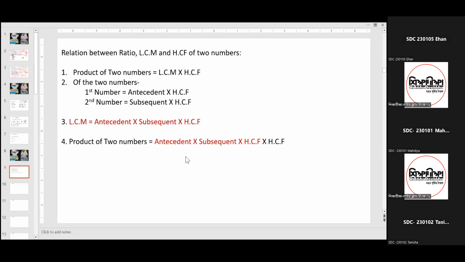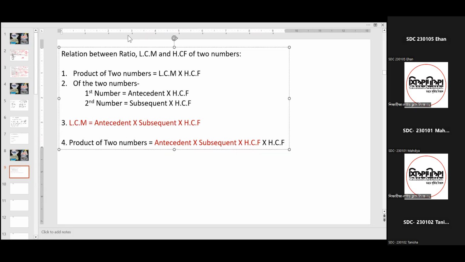That means instead of LCM, I can write antecedent multiplied by subsequent multiplied by HCF. How many HCF do we have here? Two.